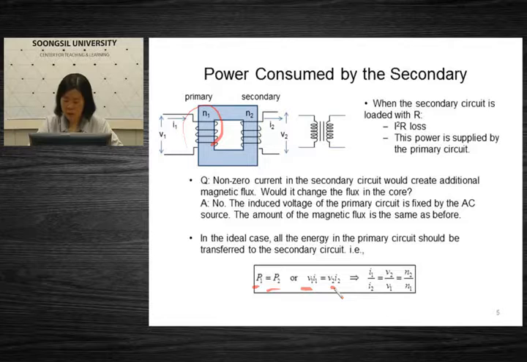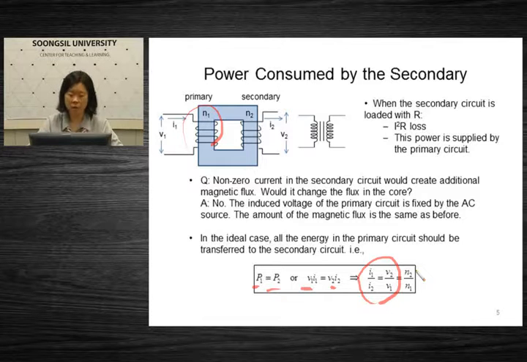So from here you can figure out the relation between I1, I2 and V2, V1. So I1 over I2 will be the same as V2 over V1. And since V2 and V1 are related to the ratio between N2 and N1, in turn, I1 over I2 will be the same as N2 over N1.